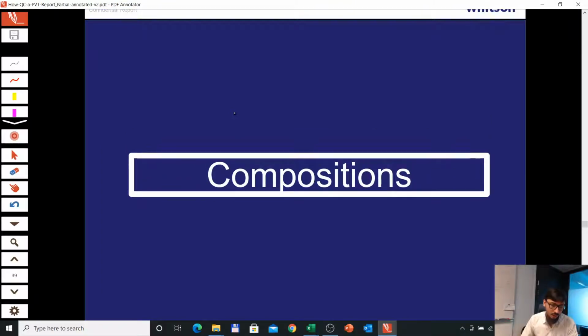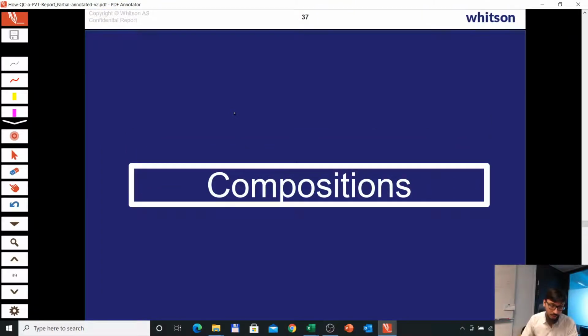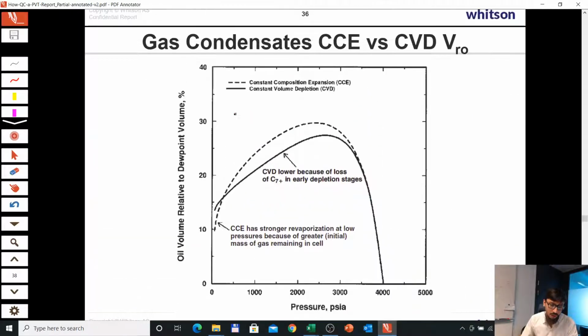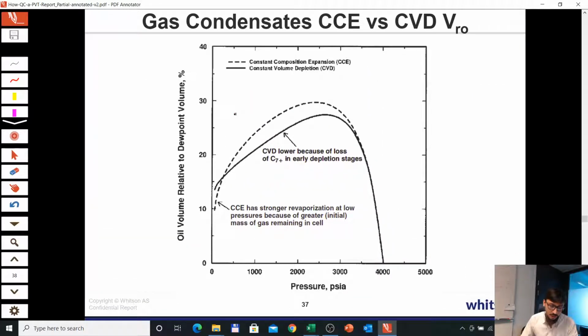But I just wanted to show you one last figure regarding the topic that we covered previously. It's not so important, but just a few comments on the figure given in this PowerPoint, when we are comparing the relative oil volumes from a CCE experiment versus CVD or DLE.